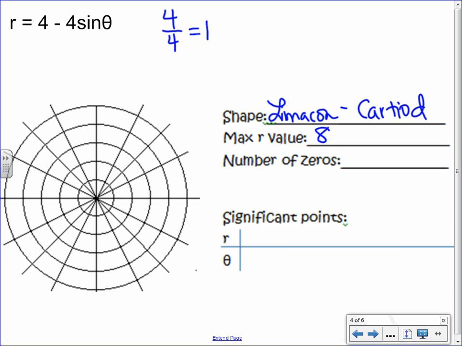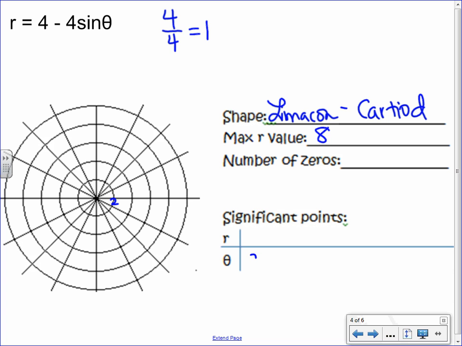The negative is just telling us the majority is going to be below the pole. Now my max R value is 8, and I only have 5 concentric circles here, so I'm going to count by 2. I'm going to make that little note right here. It's okay to do that if you need to.